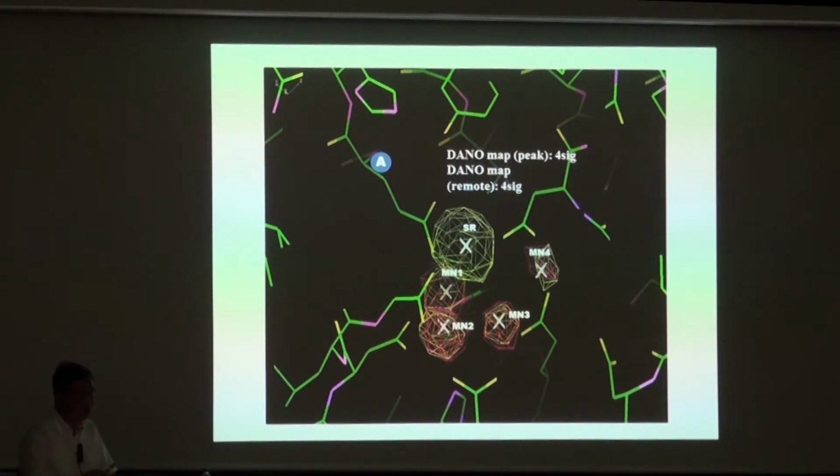We used that wavelength to collect diffraction data to see the position of strontium, shown here, and this position is originally occupied by calcium. So we confirm that the calcium is indeed replaced by strontium here.